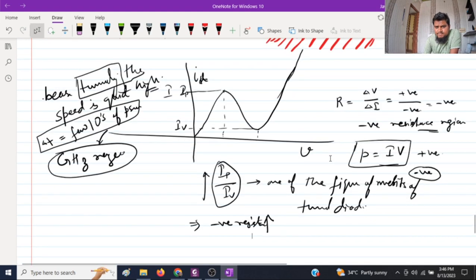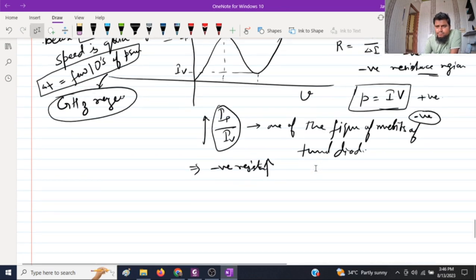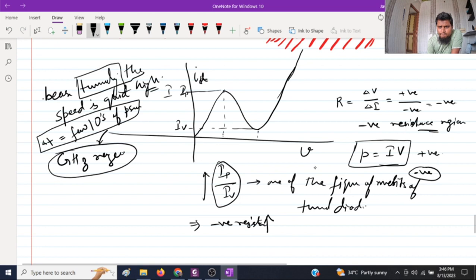Because if you see from this equation, delta V by delta I, with a very small delta I, the slope will be even higher. If delta I increases, the negative resistance magnitude will decrease.